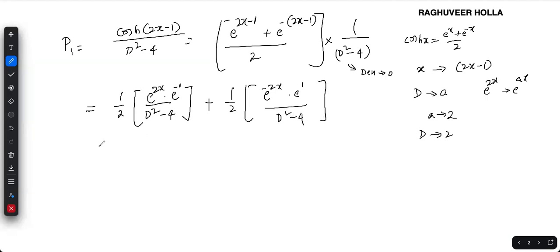As I said, when I substitute D as 2, the denominator goes to 0 for both.